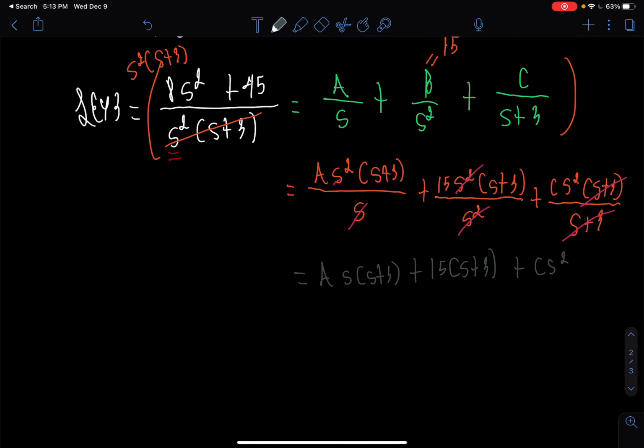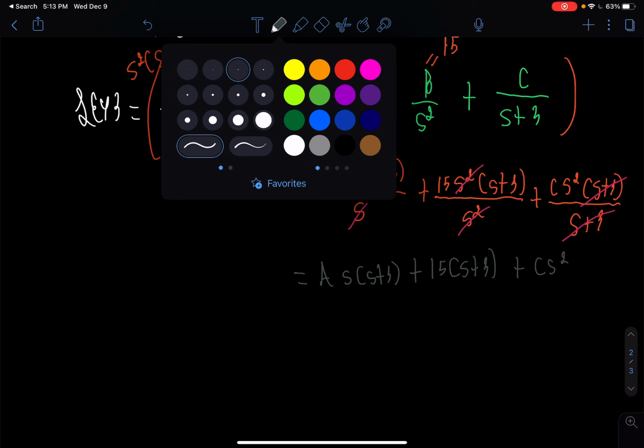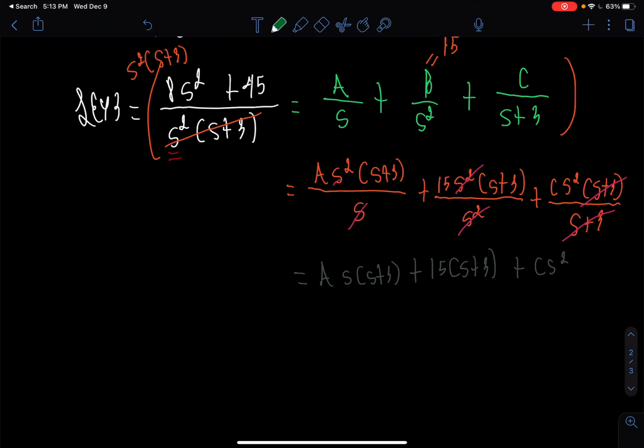Now, don't forget, and this happened to me a lot when I was working on these types of problems, I wouldn't write the left side, but it's very important to write the left side. So we have just the numerator of what we started off with over here, 8s squared plus 45. So now we've got down to this step.